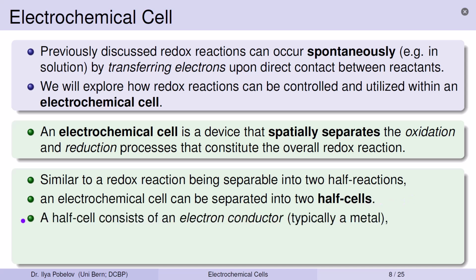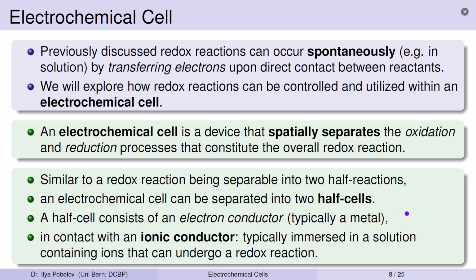A half cell consists of an electron conductor, typically a metal, being in contact with an ionic conductor, typically a solution containing ions that can undergo a redox reaction.